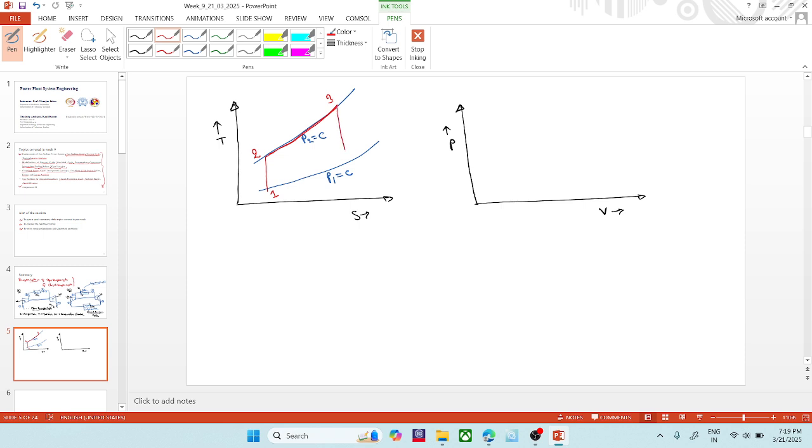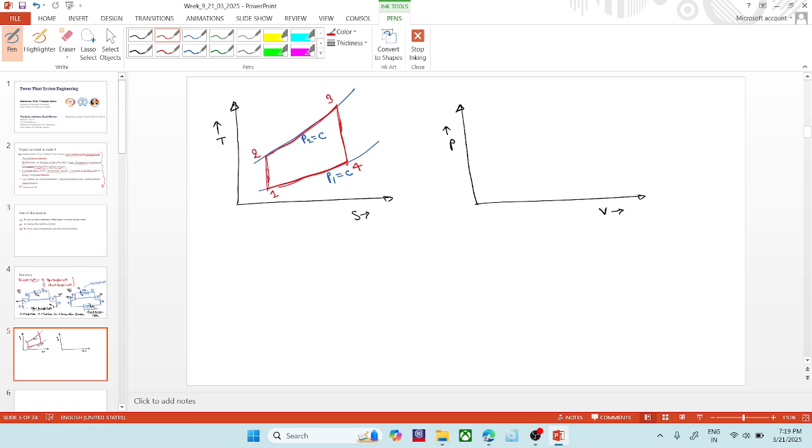Then from point 3 to 4, it will get expanded in the turbine. This would be the isentropic compression. Oh, sorry, isentropic expansion. And 4 to 1 would be the constant pressure heat rejection process in the intercooler.